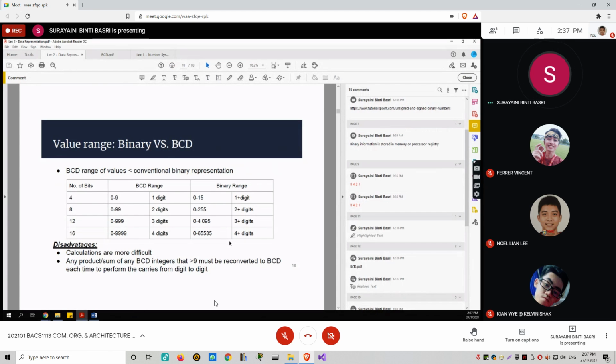Okay, so this is the comparison between the conventional binary representation with the BCD.